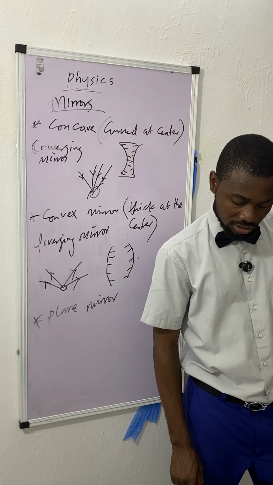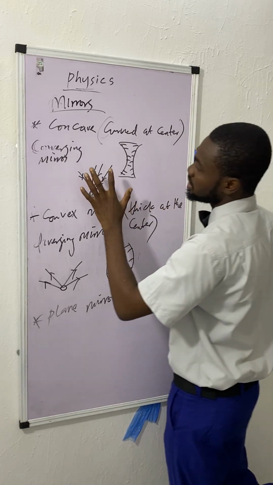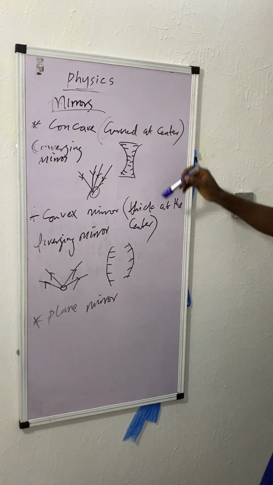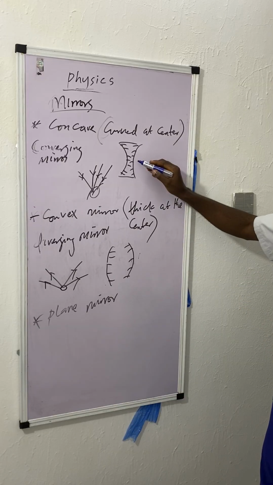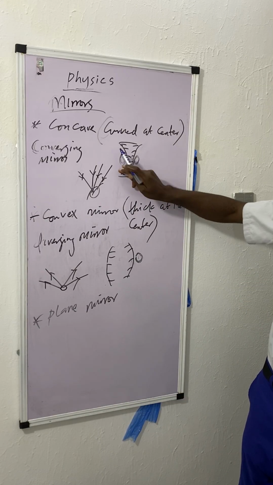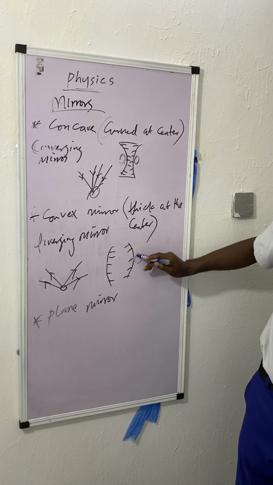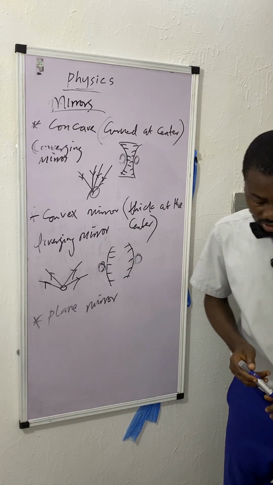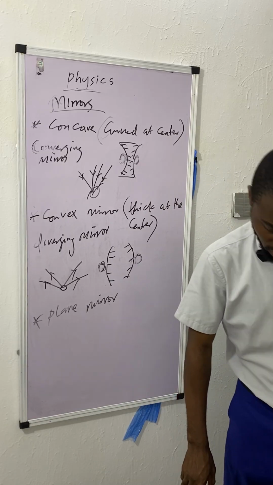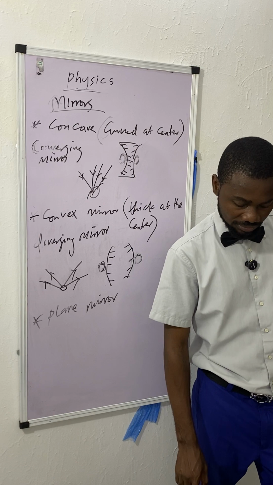We have to understand, in a concave mirror, the reflection of light ray is usually highest at the middle of the mirror. That's where you get the reflection. Do not forget that. It's very common, it's high yield, in fact.